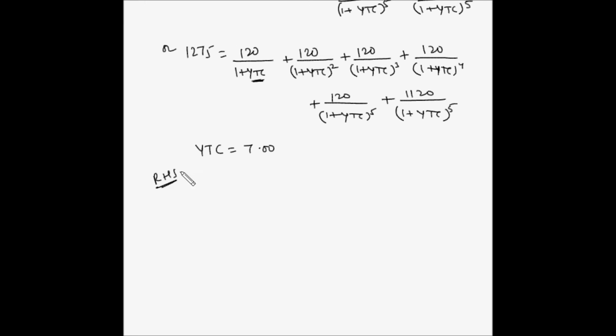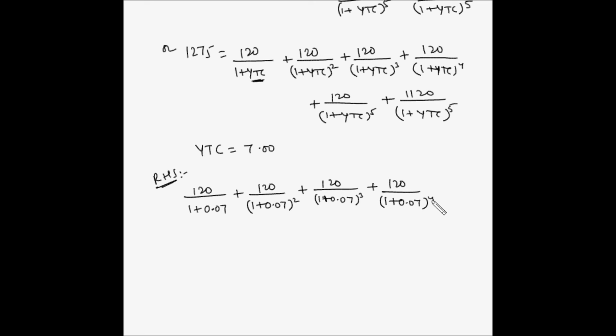So the right hand side is 120 divided by 1 plus 0.07, plus 120 divided by (1 plus 0.07) square, plus 120 divided by (1 plus 0.07) cube, plus 120 divided by (1 plus 0.07) to the power 4, plus 120 divided by (1 plus 0.07) to the power 5, plus 1120 divided by (1 plus 0.07) to the power 5.